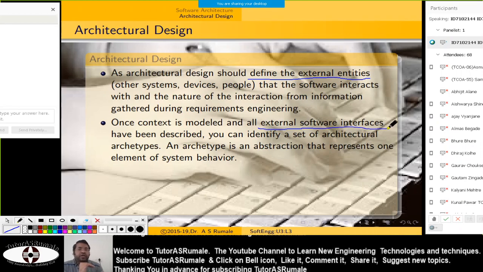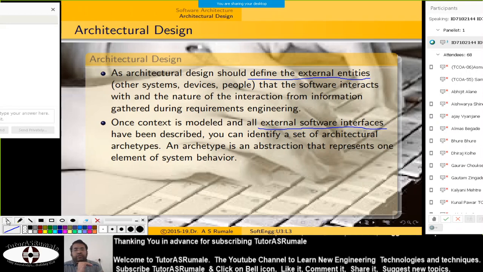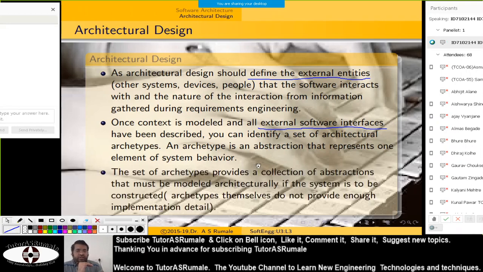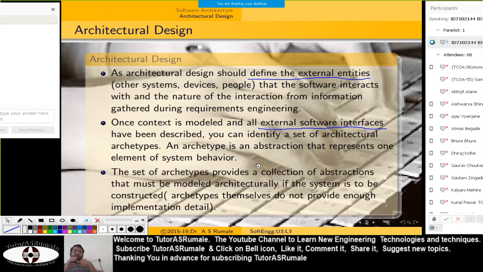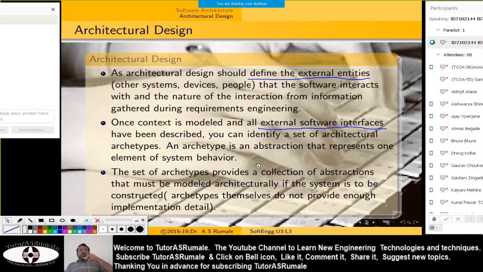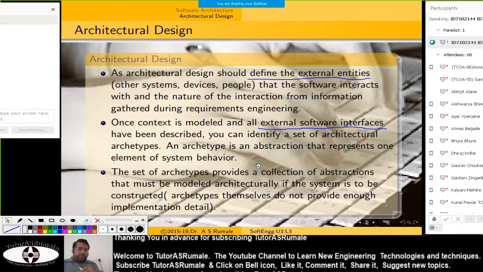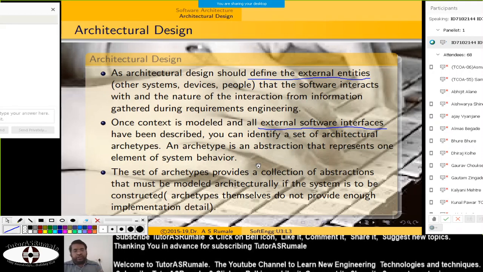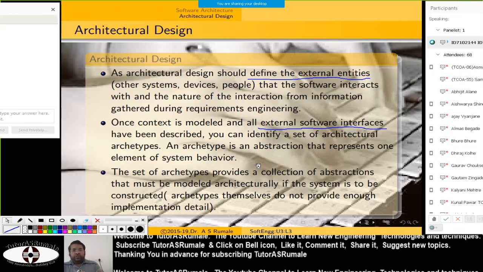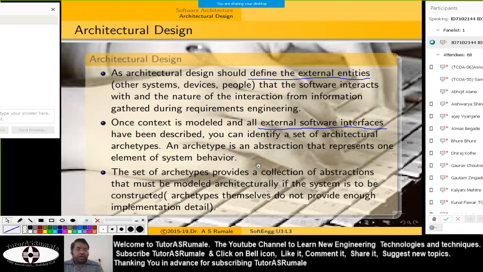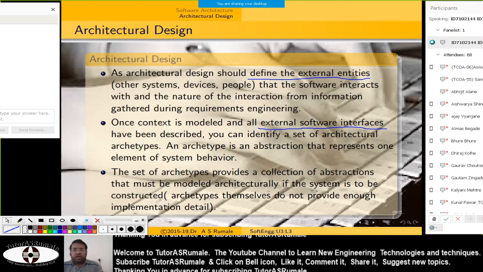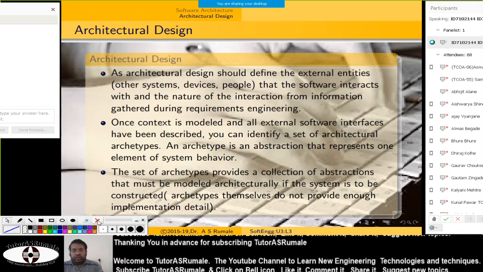This must be designed in architectural design. Then you have to go for the set of archetypes, which provide a collection of abstractions that must be modeled architecturally. This is how these architectural designs are required.